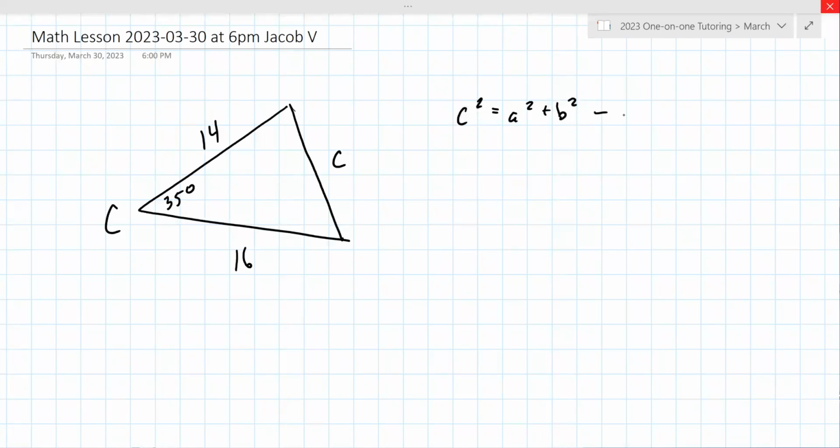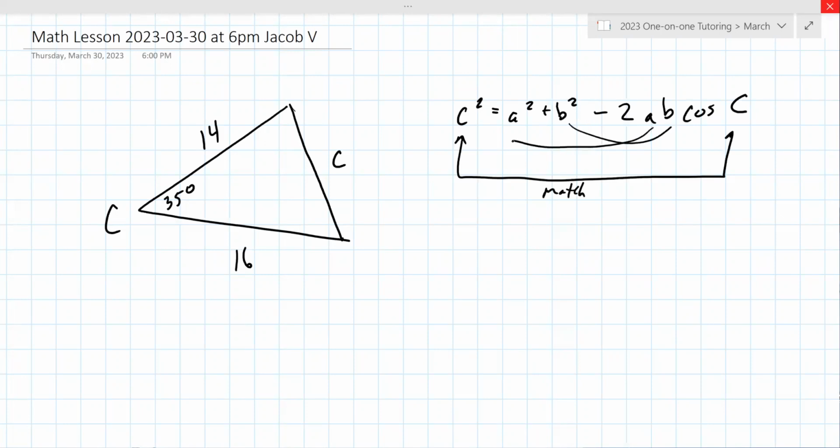Now, minus 2 times A times B times cosine of C. The letters that go here are the same two letters here. Cosine of C, these match, meaning C and big C. You can see that the B and the A match as well. So they give you three formulas, but really it's one formula with different letter combinations.